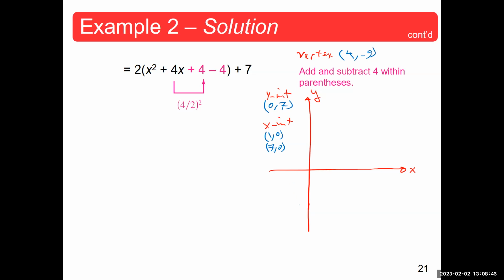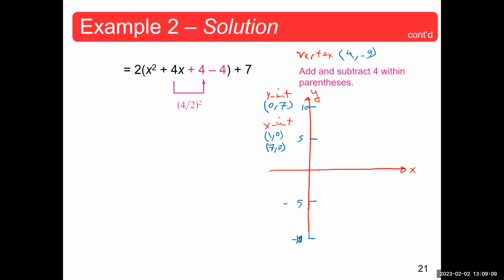Okay, let's try to plot now. If we say this is 5 and this is negative 10, negative 5, negative 10, then this is 5 and this is 10. And I'll try to have a similar scale.